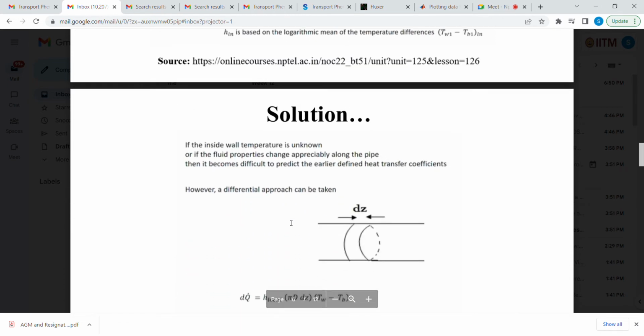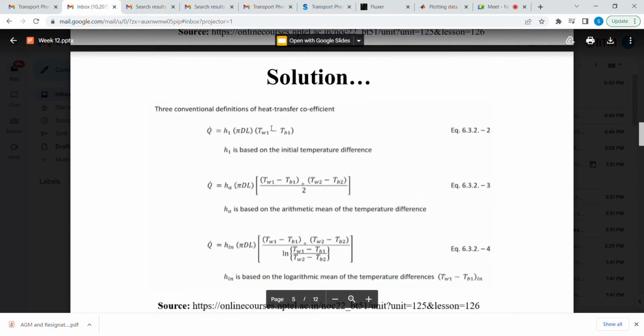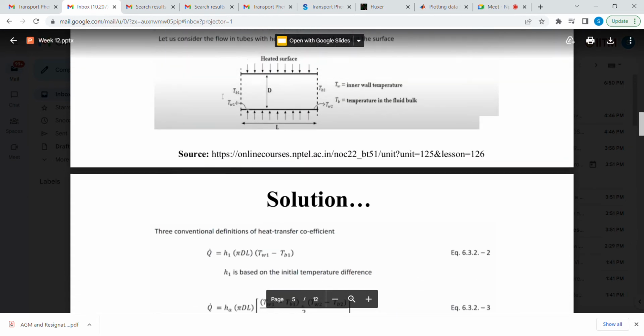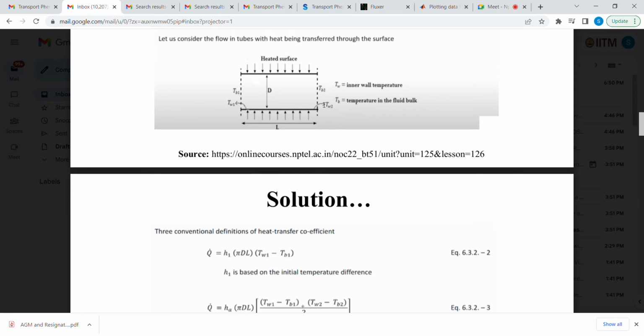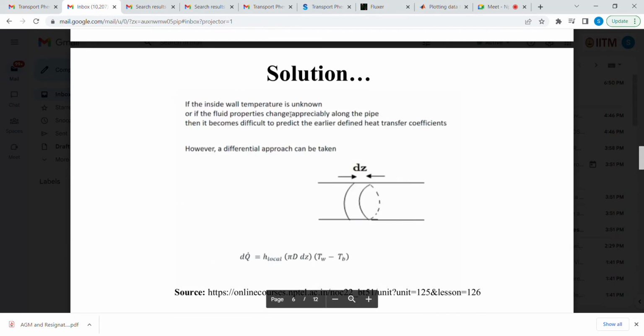Now, let us go to a section of the wall. So we know that there is a temperature variation if the inside wall temperature is unknown, or if the fluid properties change appreciably along the pipe, which is the case. And then it becomes difficult to predict the heat transfer coefficient.